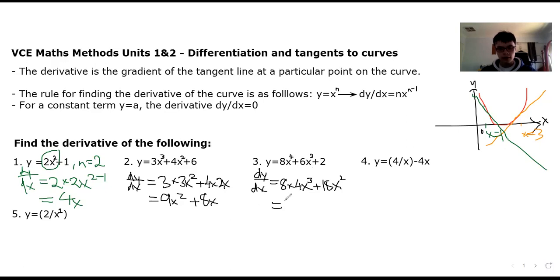And then we just have 32x cubed plus 18x squared. Let me just fix this 18 now, just in case you can't see it clearly.